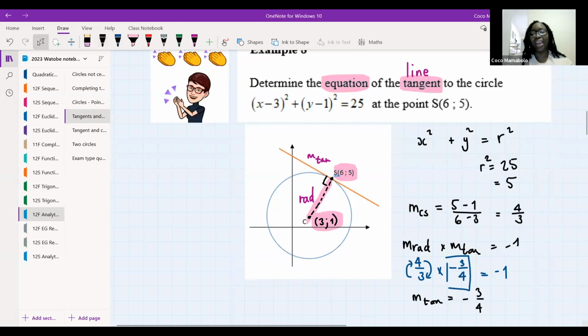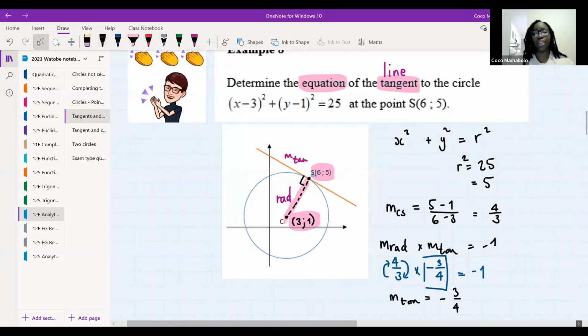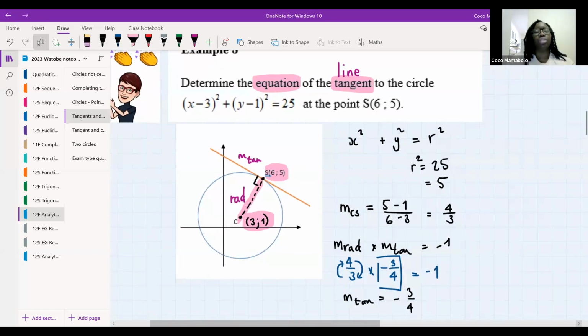But I'm not done because my question is asking me for the equation of the tangent, right? Now we have to look at using y is equal to mx plus c. Yes, absolutely. Leanne says we can divide both sides by 4 over 3. We can absolutely do that as well, and that will give us the answer we're looking for.